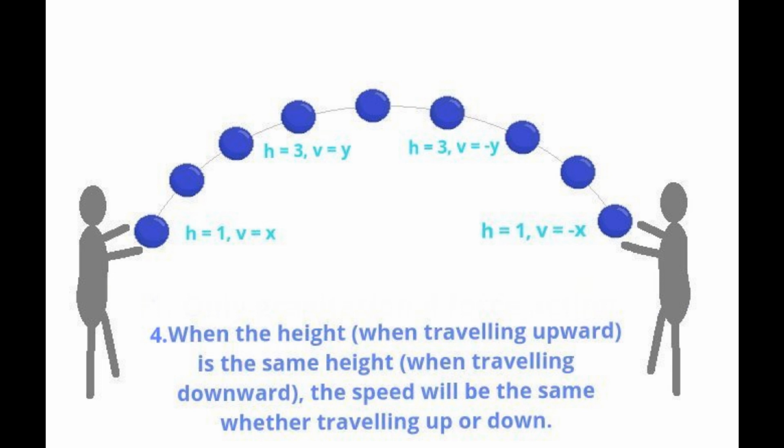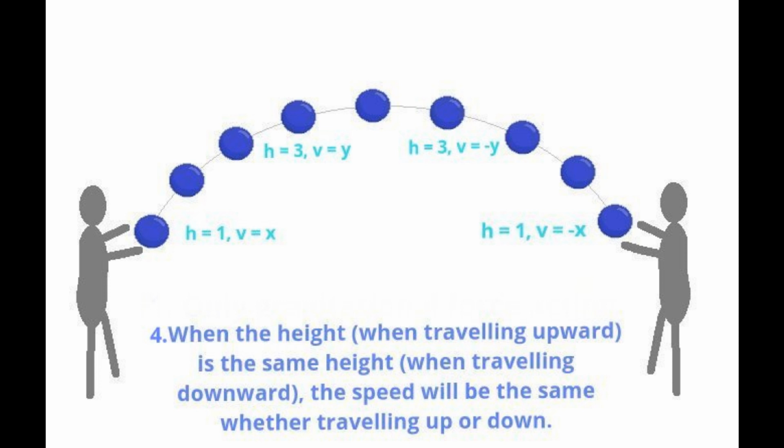Number 4. At the same height from the ground, while traveling upwards or downwards, the object will have the same velocity but in opposite directions. So let's say Sam throws a ball upwards, which reaches a maximum height of 5 meters.